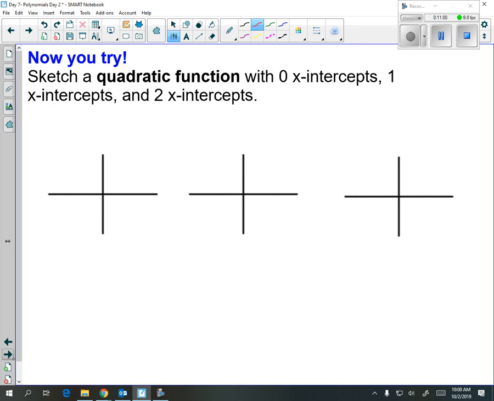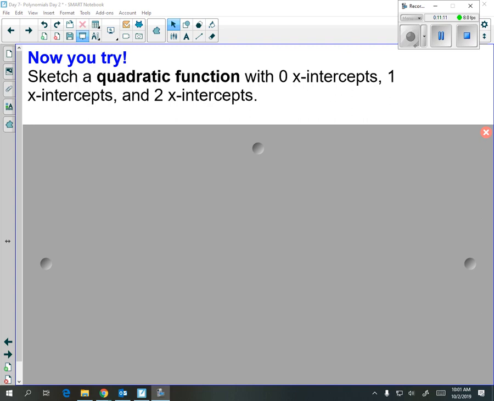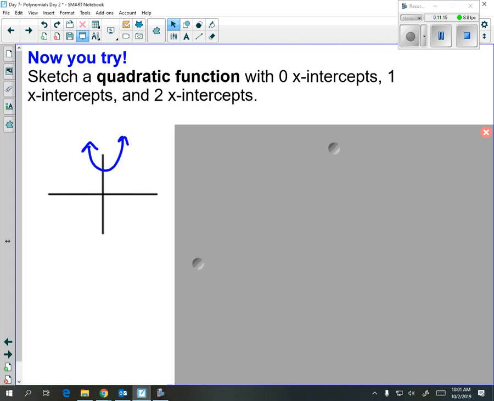Pause the video and try to sketch a quadratic function with 0, 1, and 2 x-intercepts. There's multiple answers for these. So for the first one, this is what I drew, right? It's not touching your x-axis at all, and it never will because it's an even degree.